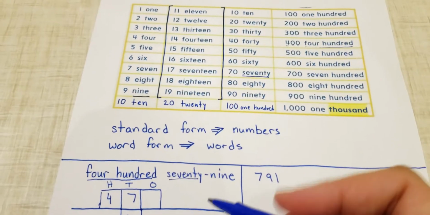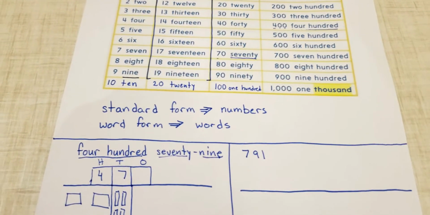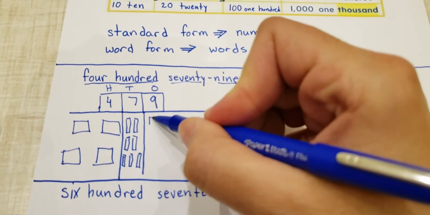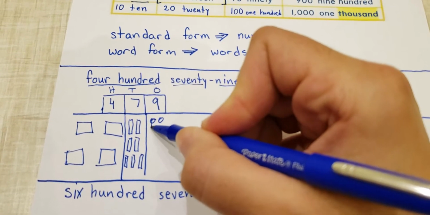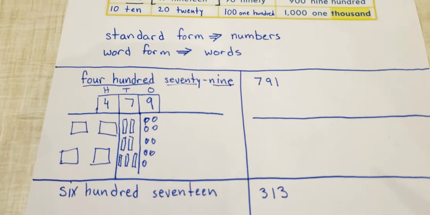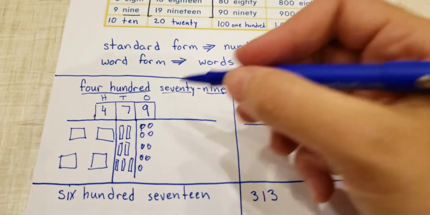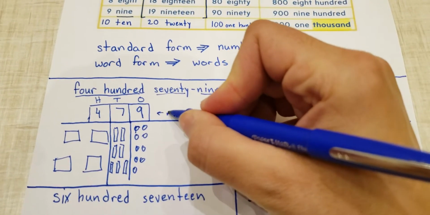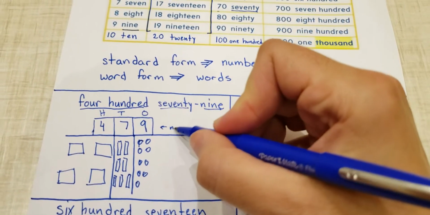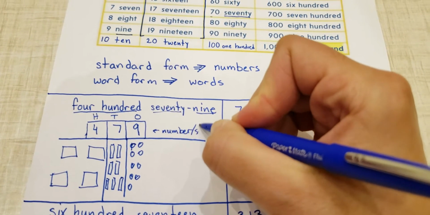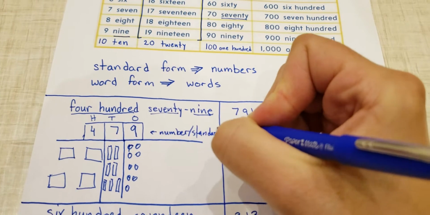Okay, that is a word form of 9. So in the ones place we have 9, which is like saying we have 9 ones. 1, 2, 3, 4, 5, 6, 7, 8, 9. Okay, so that's how you write the number form of this word form of 479. Okay, number or the standard form.